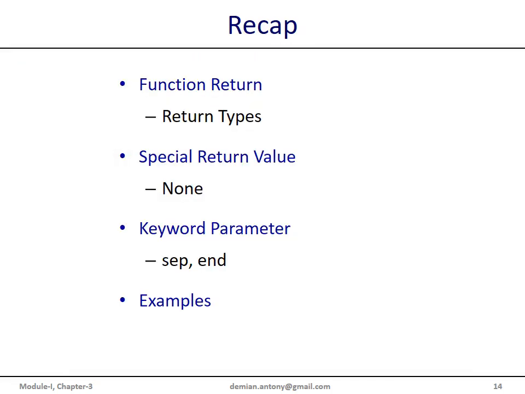Let us summarize this video session. Every function evaluates to a value, and the evaluated value is returned to the main program with the return statement. And we have a special return value called None, which represents no value returned to the main function or the caller function.